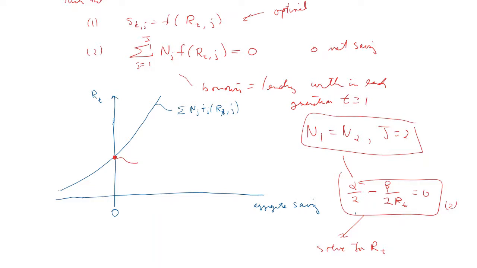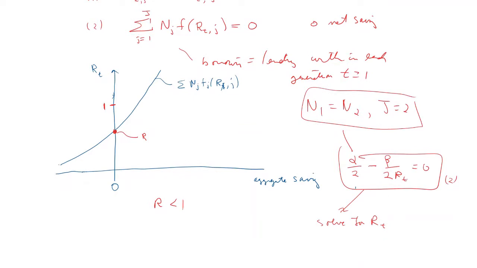Within each generation, people are just trading with each other, and there's no trade across generations. Now I'm going to put on a significant number. This interest rate R, that equilibrium, here's the value 1. One possibility is that R is less than 1. Let's see what that might mean in our example.